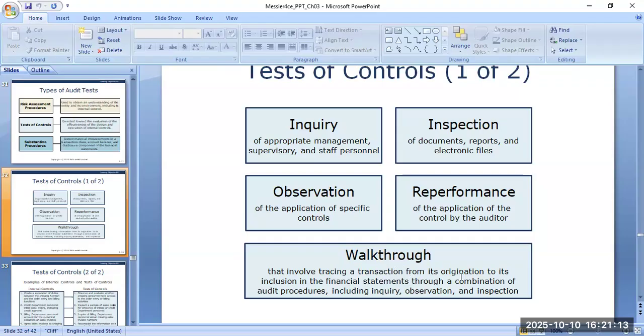Now this could be a combination of audit procedures, including inquiry, observation, and inspection. We're going to inquire, we're going to observe, and we're going to inspect.